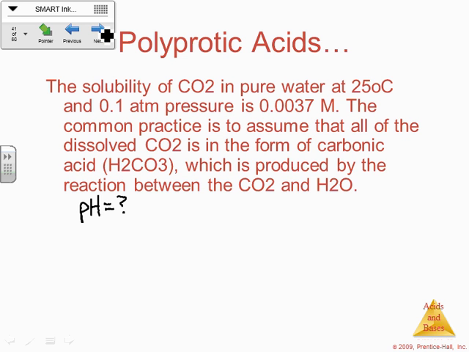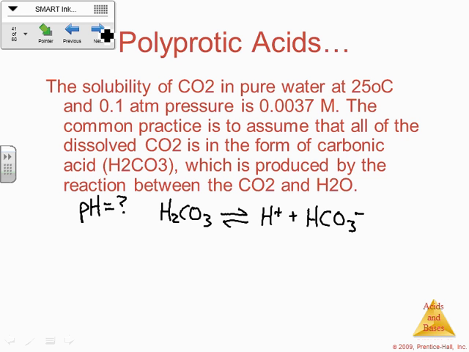So you would say H2CO3, and again, I'm going to be lazy and write it this way, H plus and HCO3 minus. Okay. I don't want to make any assumptions here. Everybody okay with that being the weak acid equation for this one?